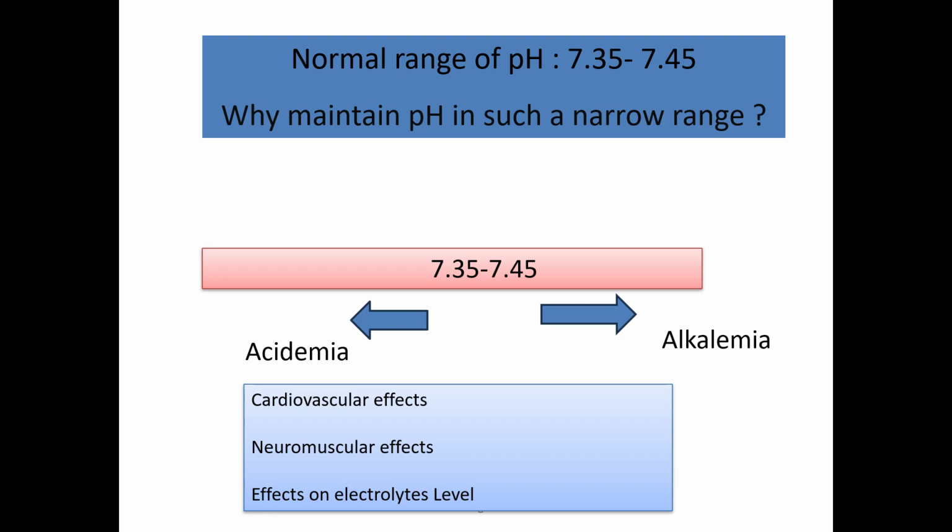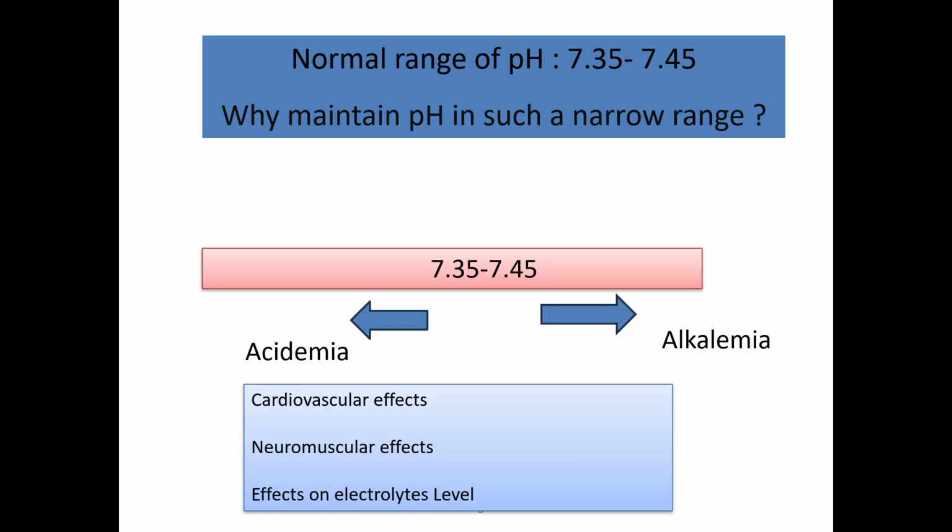Now our body functions in quite a narrow range of 7.35 to 7.45. Most of the cells in the body work in this range, and if pH is less than 7.35, this acidemia will have a lot of cardiovascular effects. We have seen ICU patients with resistant acidosis develop arrhythmias, cardiac depression, neuromuscular effects, hyperkalemia, hypophosphatemia, all electrolyte imbalances.